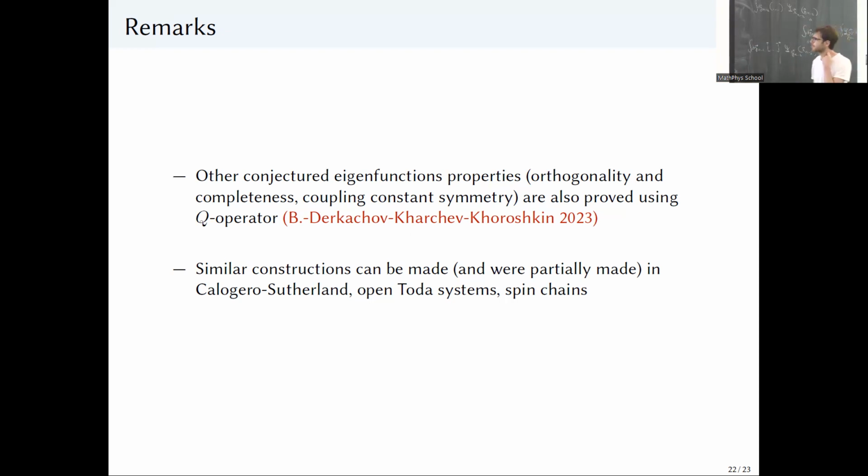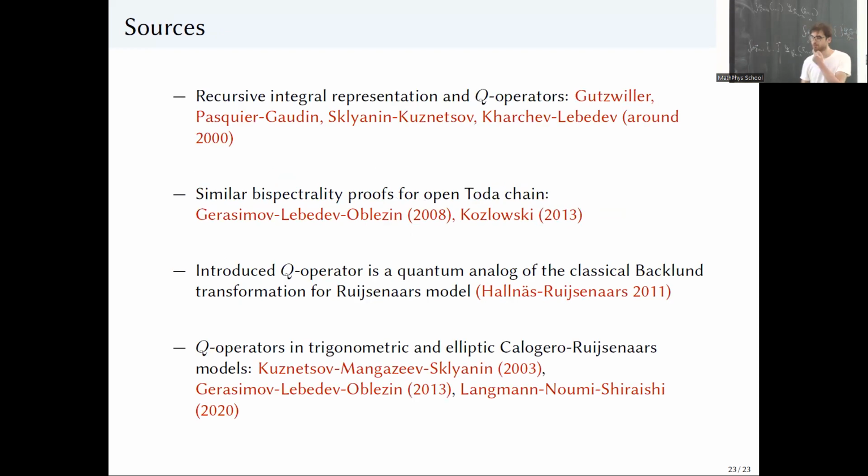So finally, let me mention some sources of inspiration. I won't read through it, you can read the names by yourself. A similar bispectrality proof was done for the open Toda chain, and we were inspired by it. The details are different because in the Toda chain you have boosters and integrals, local relations, and here you don't have them.